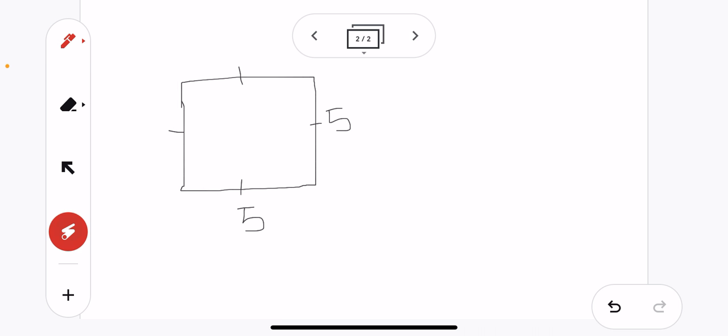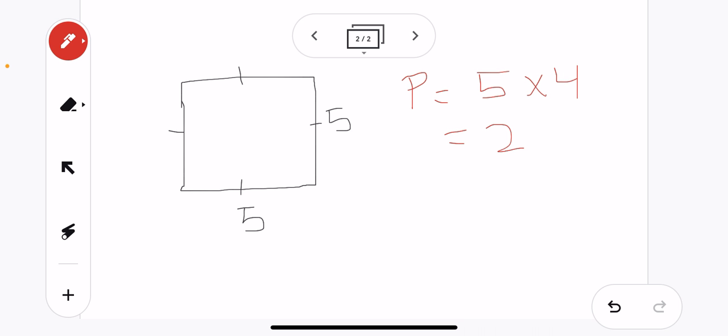It's going to be all the sides added up, right? So to find the perimeter, you do 5 plus 5 plus 5 plus 5, or you could just do 5 times 4. And the perimeter will be 20, whatever units that is.